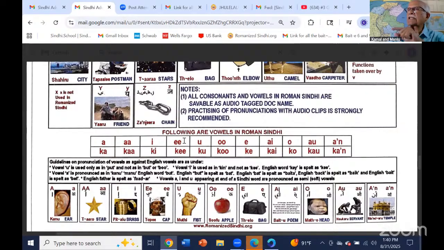Any word that ends with A, E, and E means automatically you will assign it a feminine gender. And O, these two vowels, O and O, if they appear at the end of a word, then it becomes masculine gender. So that is the simplest way to know in Sindhi language how any word can be treated as masculine or feminine.